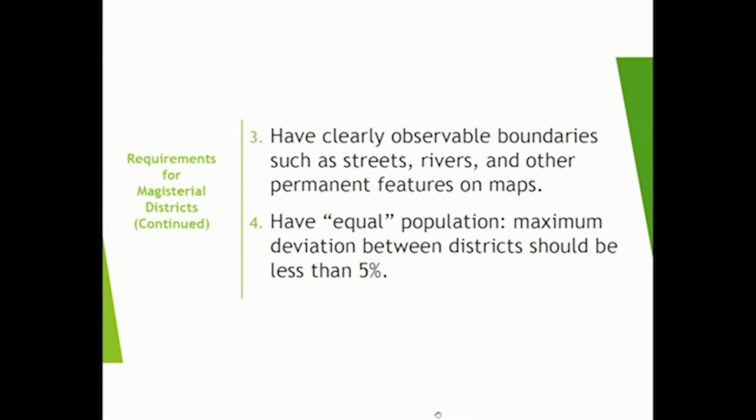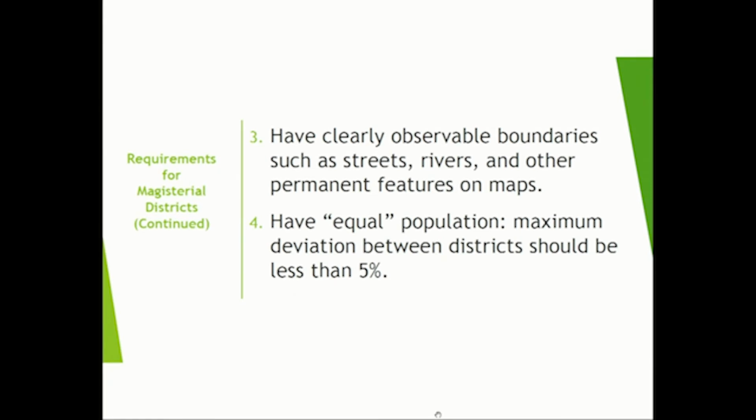The actual boundaries have to be clearly observable boundaries. So that's generally streets, rivers, streams, and other permanent features that you find on the map. But the next is the goal that we are after, and that is the goal is always equal population. That is what we're always trying to get to.